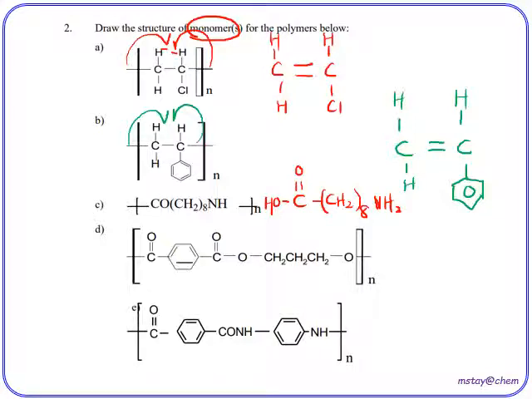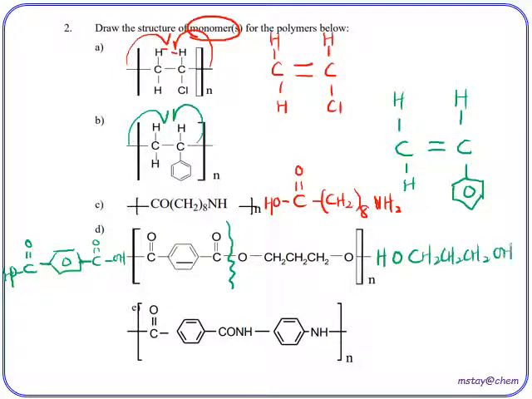So for the next one, just now we already said that it is made up from a copolymer. It is a copolymer, so we will have two different structures. One of them will be a benzene ring dicarboxylic acid, so we add on the hydroxyl group, C double bond O, OH. Another one will be H, O, CH2, CH2, CH2, OH.